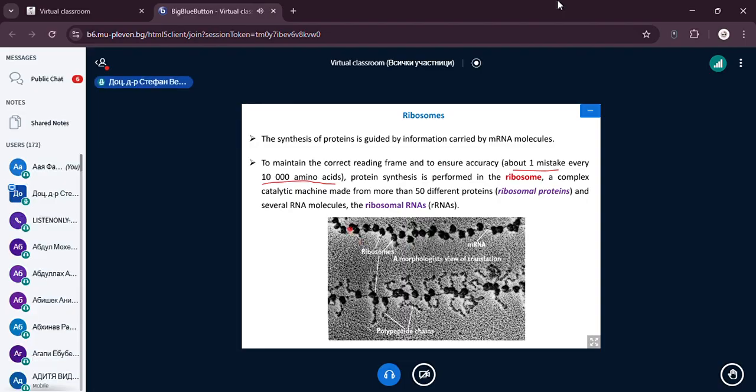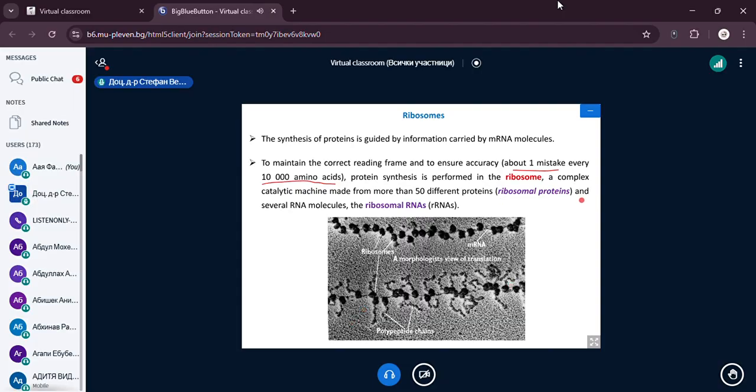Ribosomes as organelles, here you see many ribosomes bound to a single molecule of RNA, and the same is here. This is the initial process, and here the protein translation has efficiently performed, and here you see from every ribosome a newly synthesized protein appears.